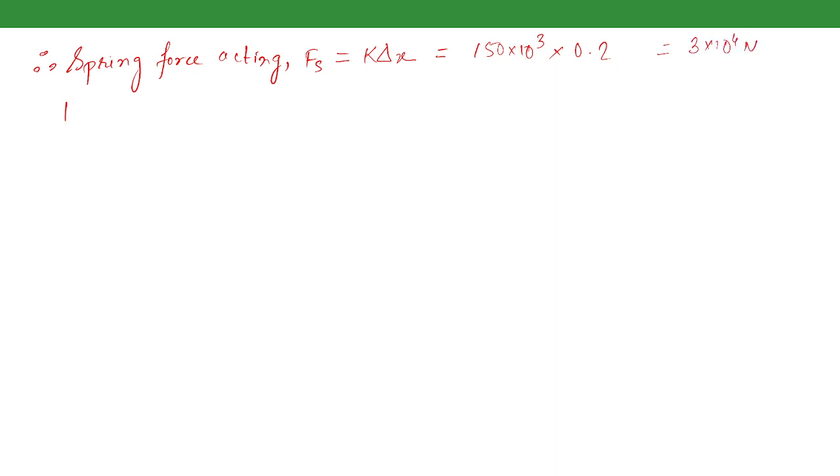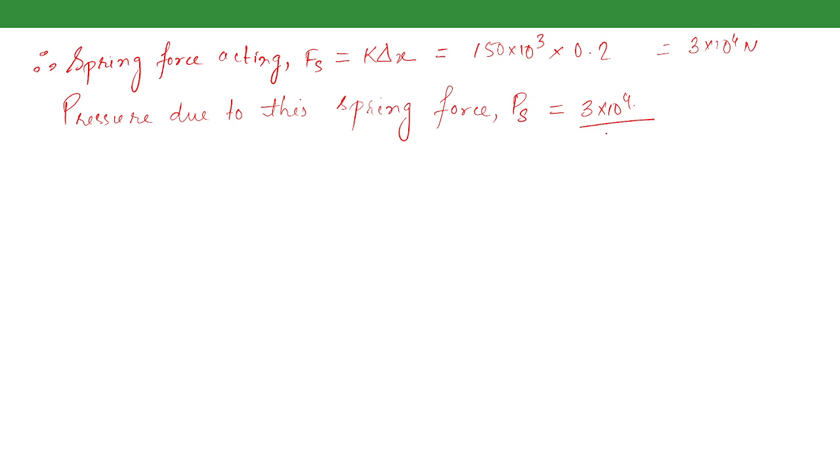So the pressure due to this spring force, Ps, is 3 into 10 to the power 4 Newton, and it acts on the piston. The piston area is given as 0.25, so it is 120 into 10 to the power 3 Pascal, or 120 kilopascal.